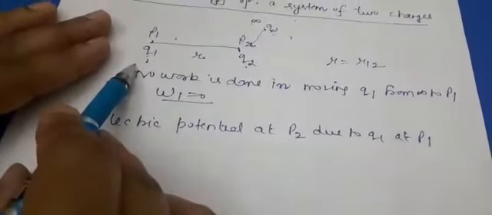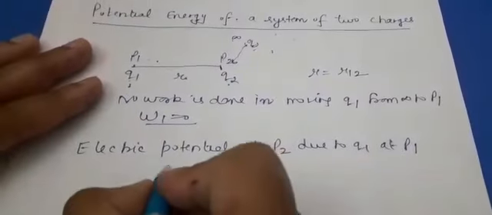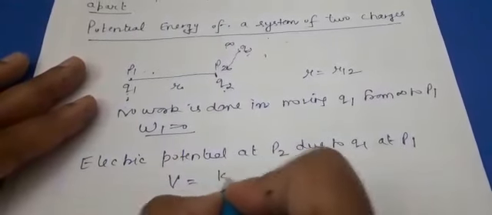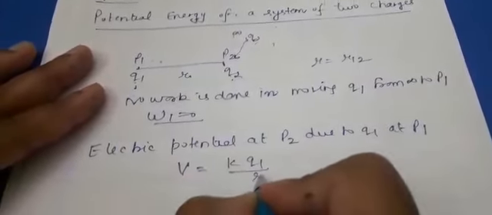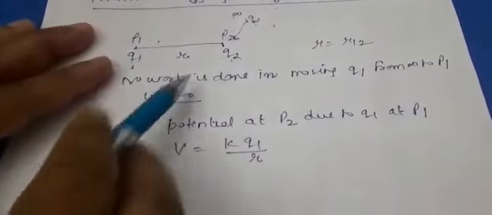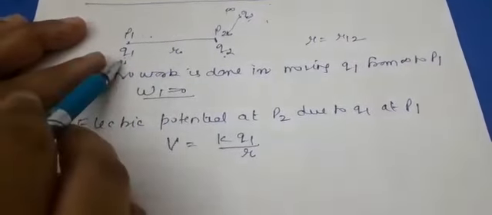What will that be? This will be K Q1 upon R. At point P2, the potential of charge Q1 is K Q1 by R.